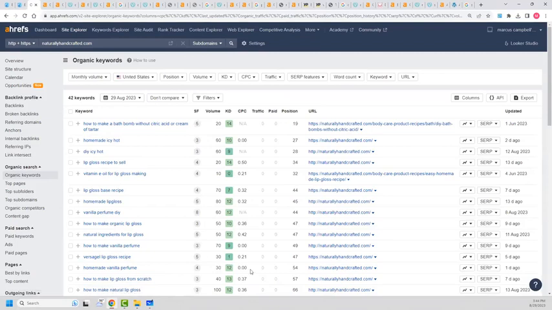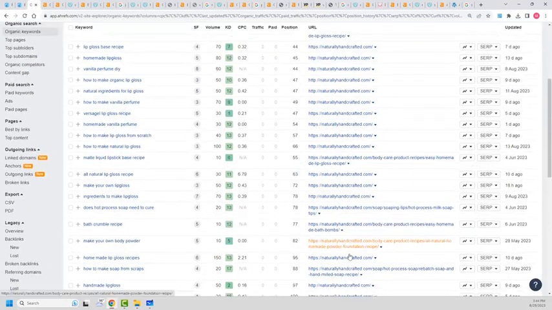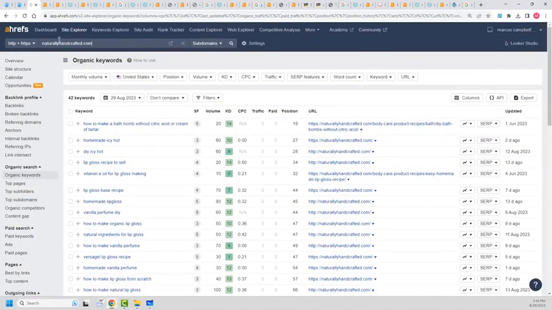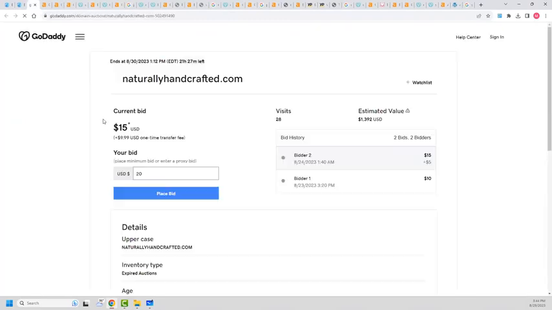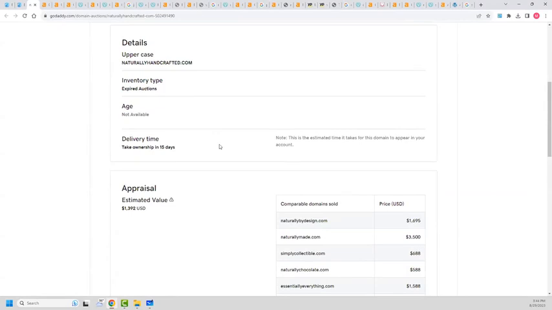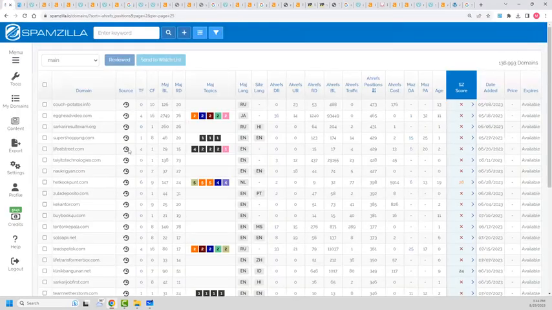Now, the rankings on this are not that good, but could I sell naturallyhandcrafted.com for more than whatever I'm going to have to pay for it? If the answer is yes, then I buy it. Could I sell this for more than $15? Absolutely, not even a question. I know I could, even though the rankings are not that great. I think I could definitely sell this one for more, right? Does that make sense to everyone?